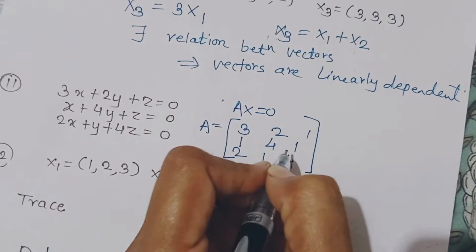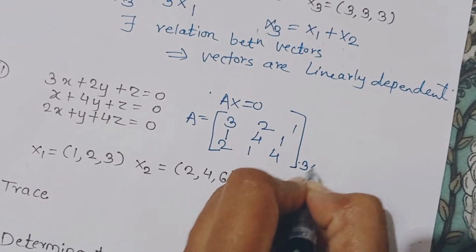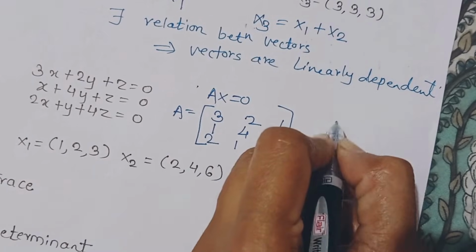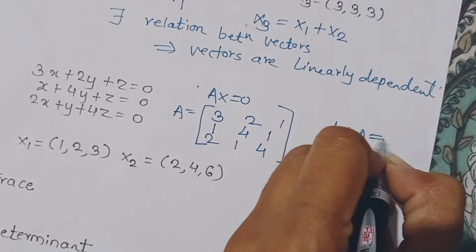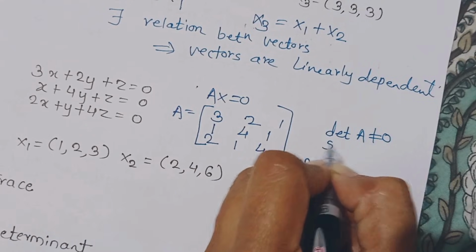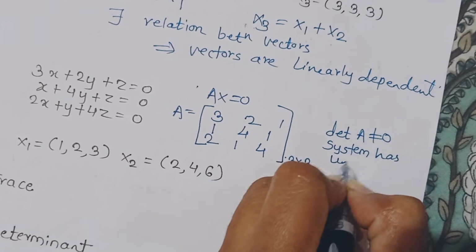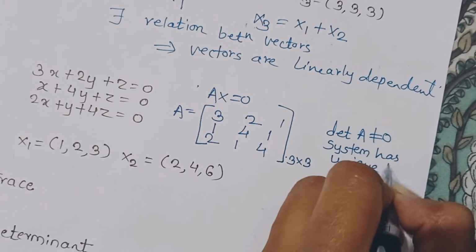For a homogeneous system, if we have a square matrix A and determinant of A is not equal to 0, then the system has a unique trivial solution.